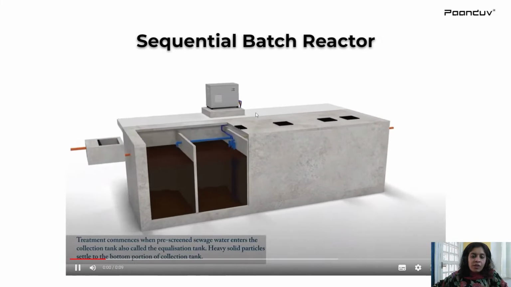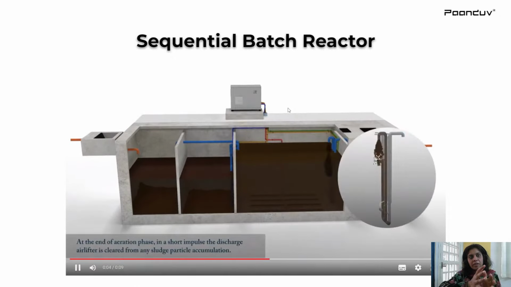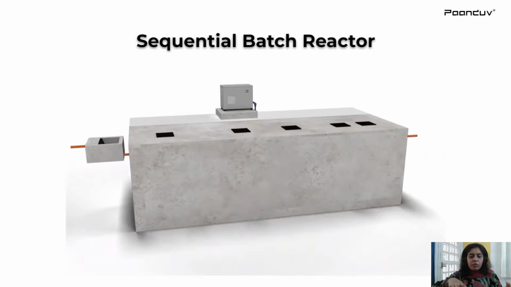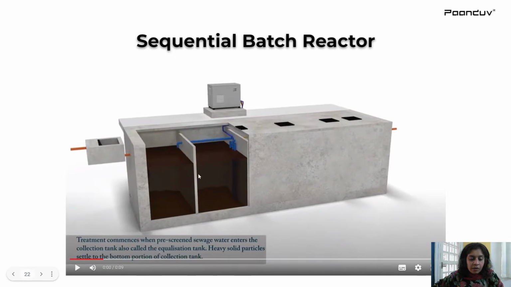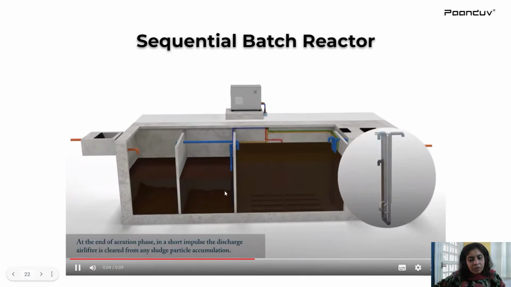Now coming on to the sequential batch reactor, it completely eliminates the cycle from the equalization tank. Let's say you have this equalization tank which is operated in batch reactor form. It is not a continuous process. So once the equalization chamber is filled, this water is pumped into another chamber where the sediments are already removed.